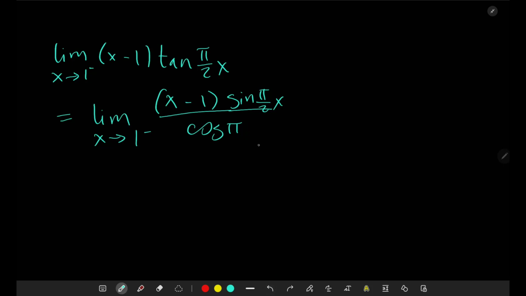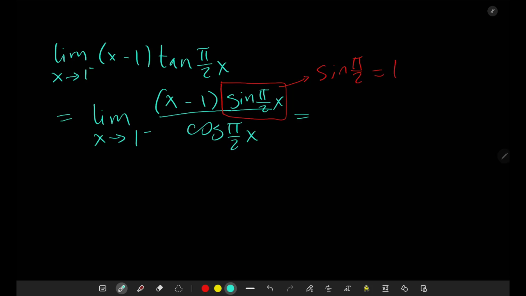Now I'm going to notice here that whenever you evaluate your limit, you can break it up, and this sine part, as x goes to 1, goes to the sine of pi over 2, which is 1.